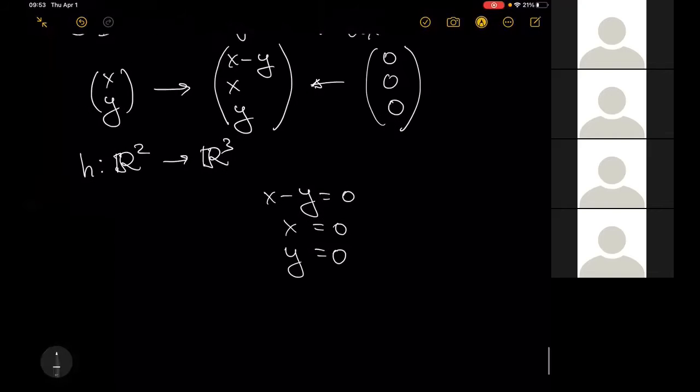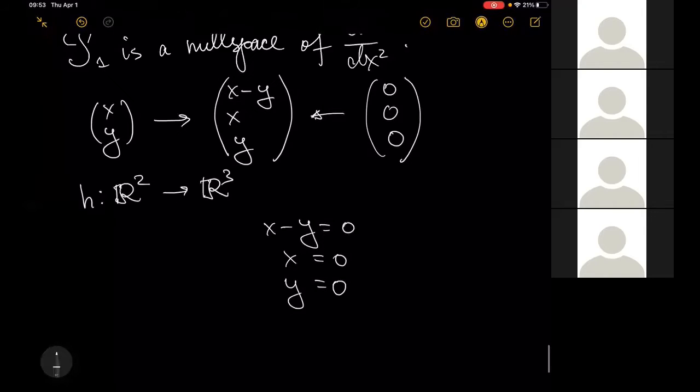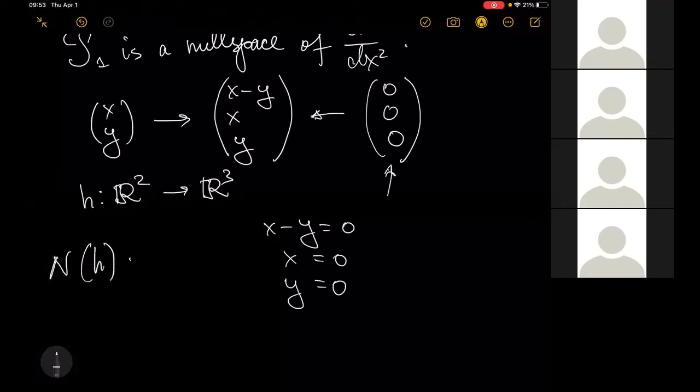So from here, I know that if I want to get a zero vector here, the only vector in R2 which will give me this result is which one? 0, 0. Just the zero vector and nothing else, right?